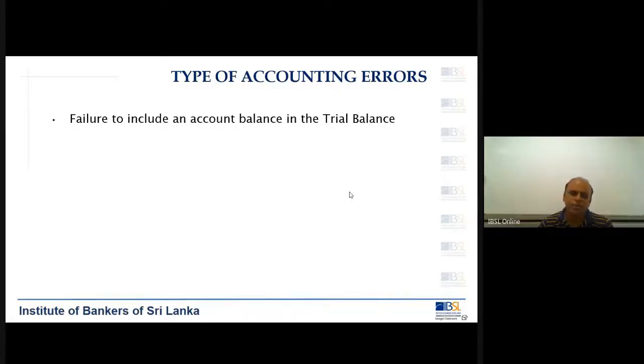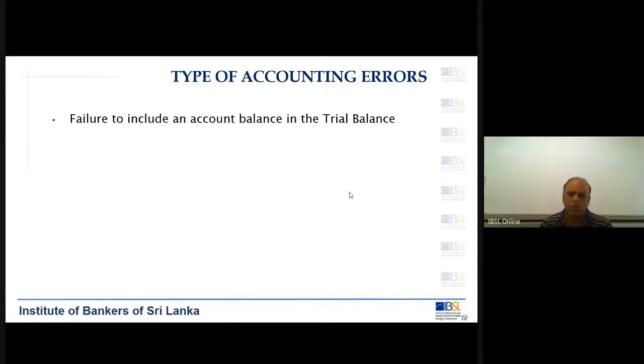When you are using a computer system, it will be defined in such a manner that you will not exclude any account at the time of extracting the trial balance. You will pick all the accounts to get reported in the trial balance, whether there is a balance or the balance is zero.